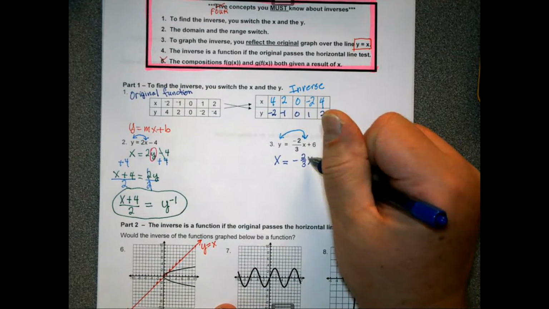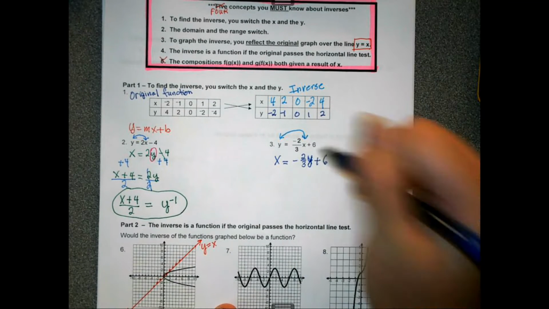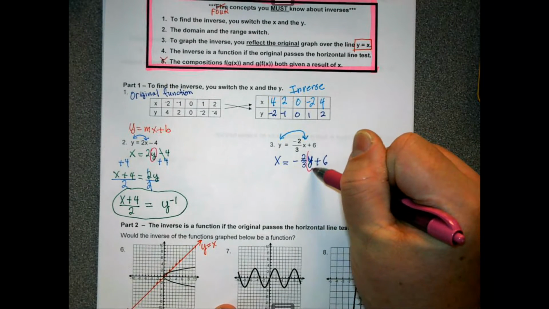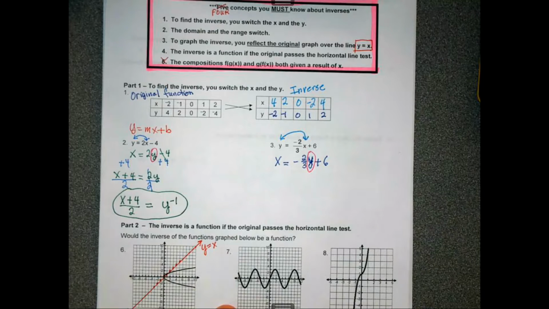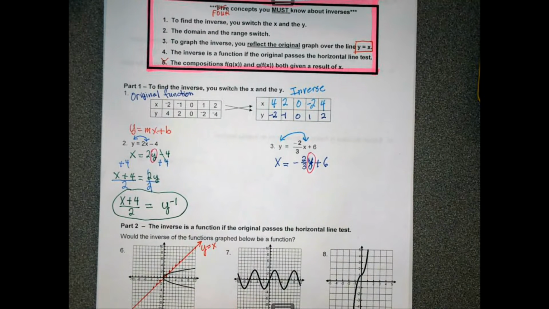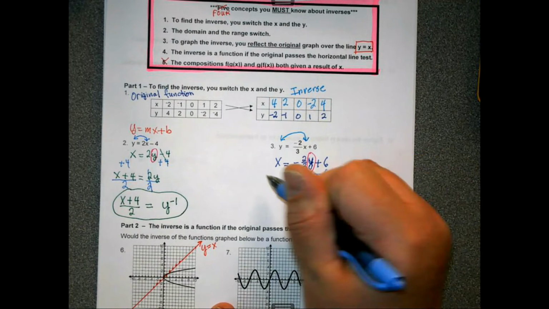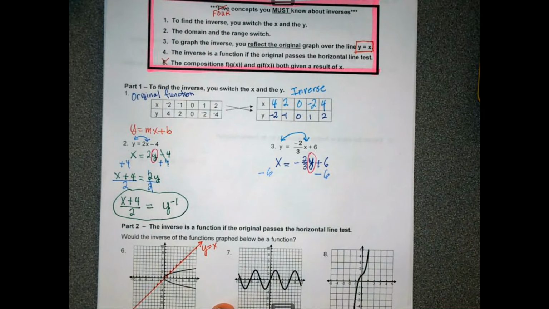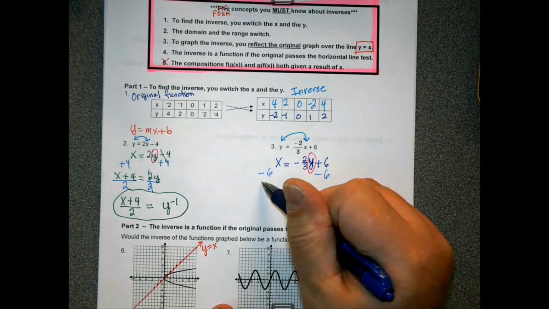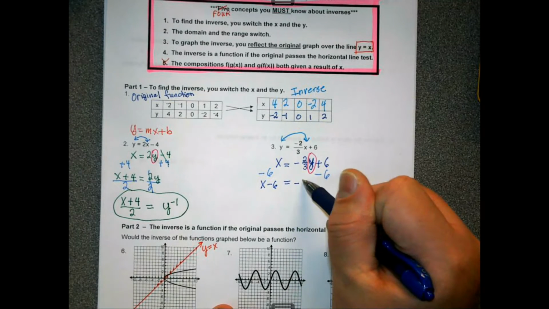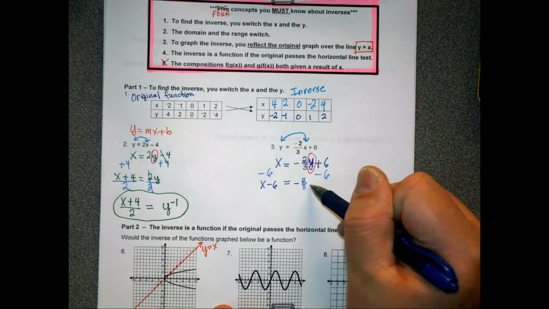I keep doing this. I have to solve for y. So I'm going to subtract 6 from both sides. So I get x minus 6 equals negative 2/3 y.